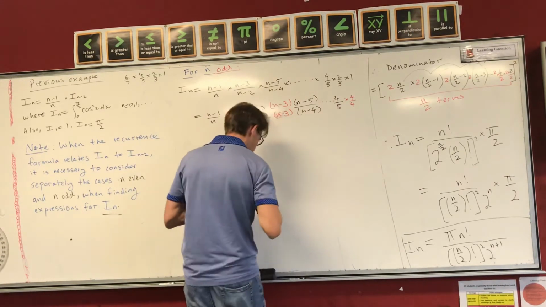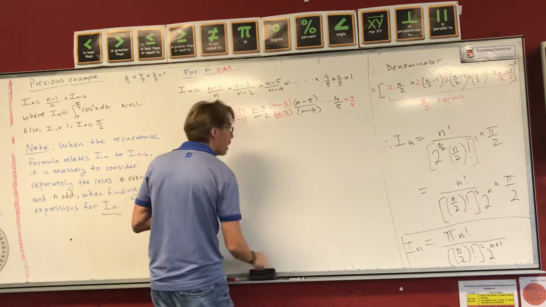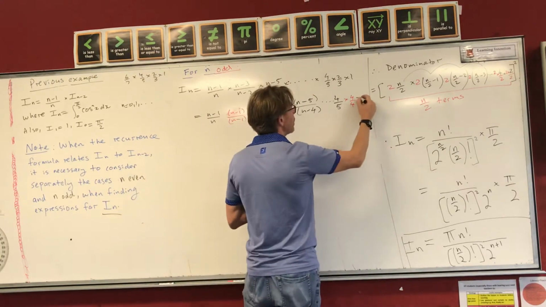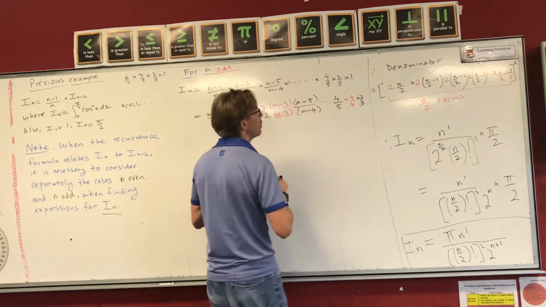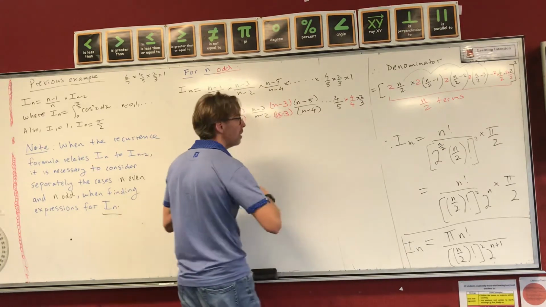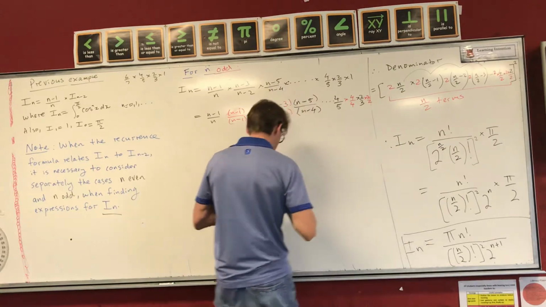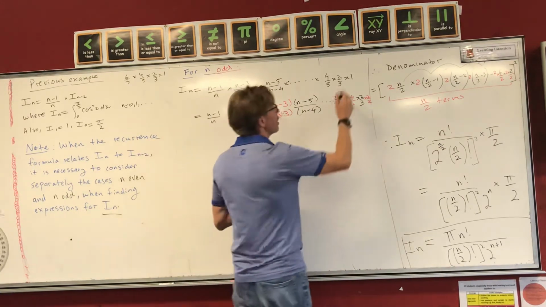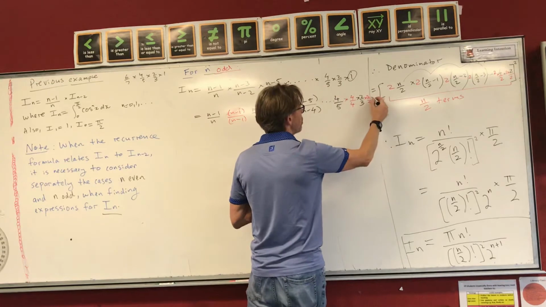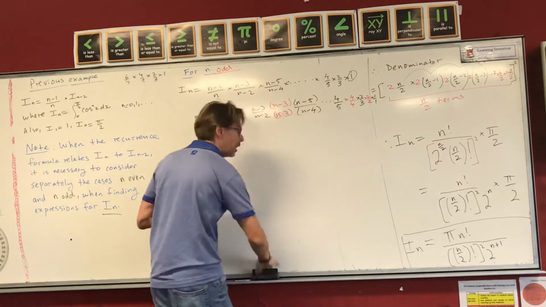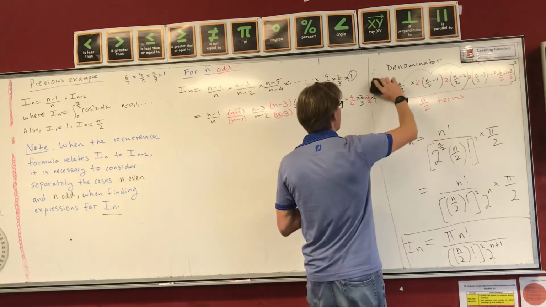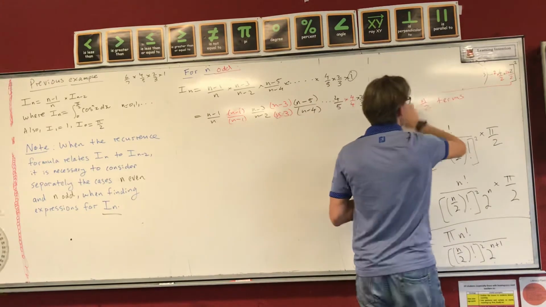Right? Then 2 over 3. Well, what comes after that? And the next one down should be times 2 over 2. And then the last one, the 1, well, that's just 1 over 1, isn't it? Okay, let me rub this out.